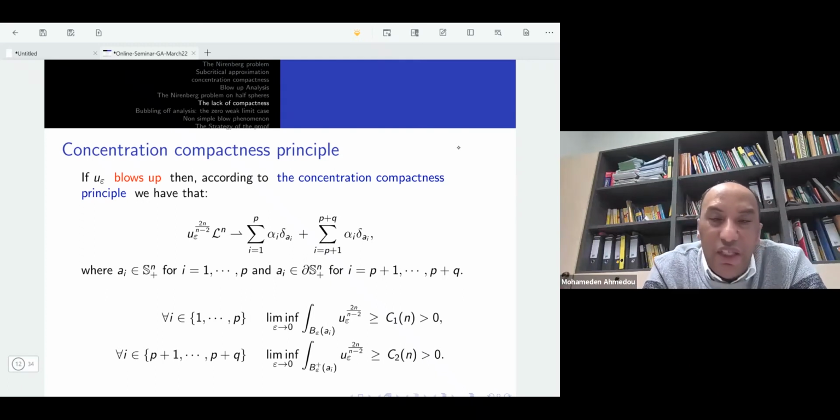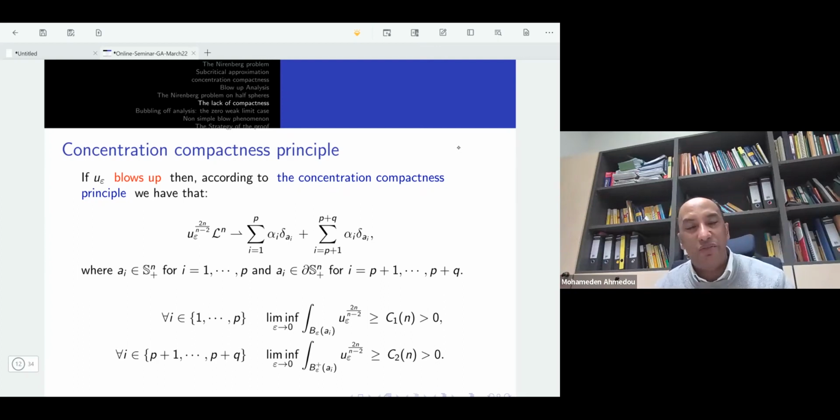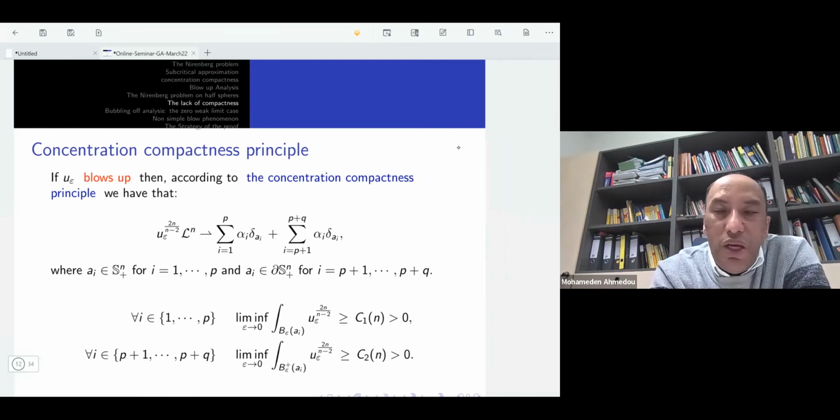So this is something similar to what happens in the closed case. The only thing is that now you have points which are in the interior, and you also have points which are on the boundary.